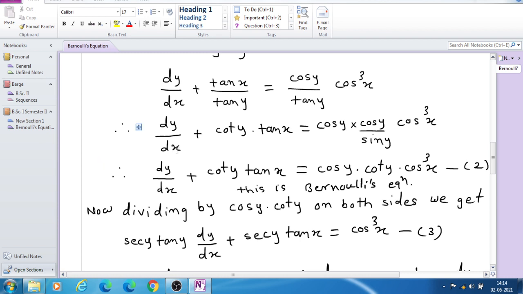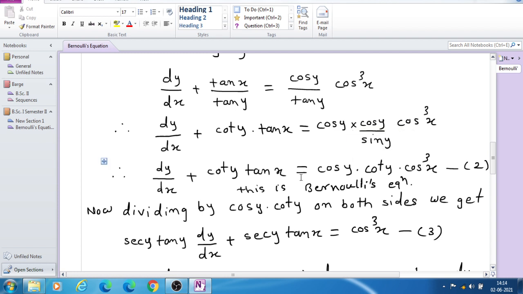That means dy by dx plus tan x upon tan y, and 1 upon tan y is cot y, is equal to cos y upon tan y, that means cos y into cot y, since 1 upon tan y means cos y upon sin y.